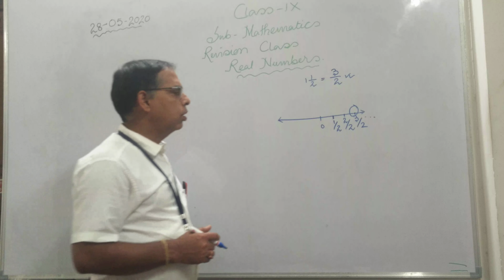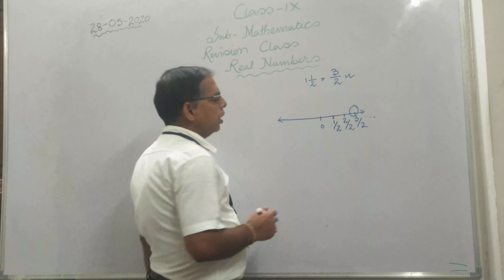Next, you see what you have studied, that is to find the rational numbers between 2 rational numbers. Suppose 1 by 2 and 1 by 3. What you have done, first of all, is equalize the denominator.